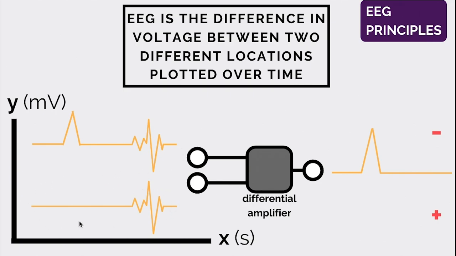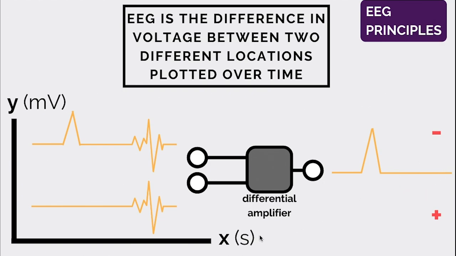Since it's a differential amplifier, it's going to put out in the output the difference between input 1 and input 2. So as you can see here at the top, the waves at the right-hand side are exactly the same. Therefore, if they're exactly the same in two different inputs, it's going to be canceled out. And that's why we don't see them on the right side of the diagram.